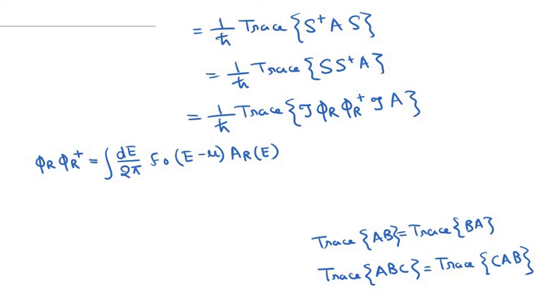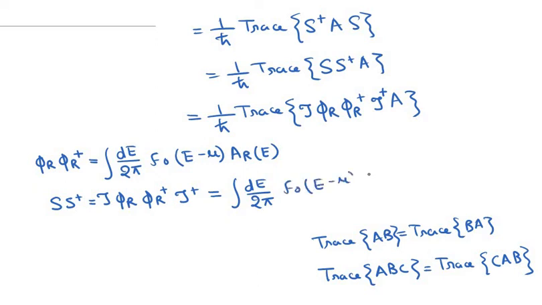Okay, so therefore S dagger is equal to tau phi r. We have another dagger over here: tau phi r dagger tau dagger, which is equal to the integral of dE divided by 2 pi, f0 of E minus mu, and then tau matrix here, A r, tau dagger.